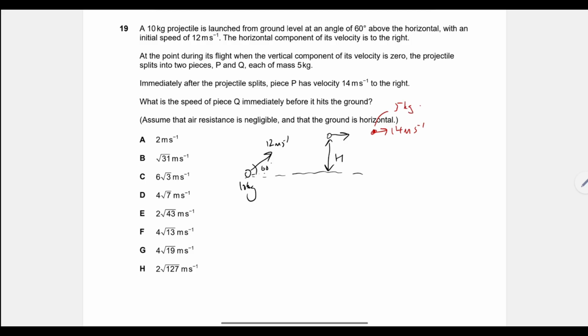Okay, so to conserve momentum, because there's no initial vertical component of momentum, Q also has to be traveling horizontally at this point. So this is Q, also 5 kilograms, and at this point it's traveling with speed UQ. What is the speed of piece Q immediately before it hits the ground?